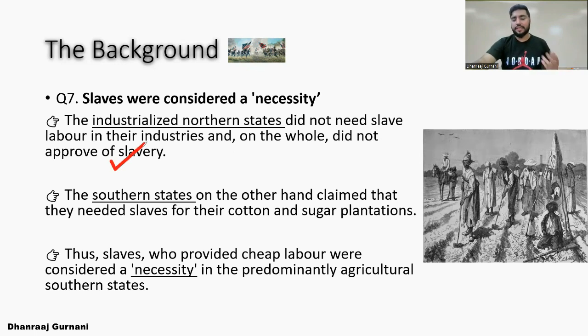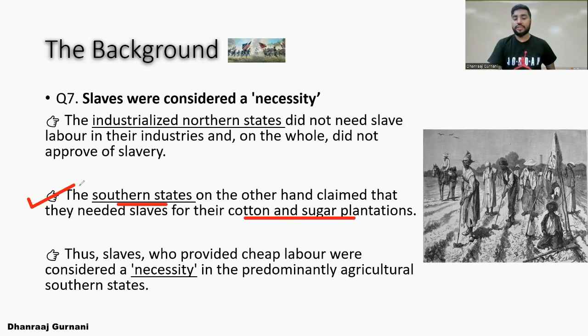So, revising this, it was there on the previous page also. The northern states, many countries, and Britain had already said no to slavery. But the southern states, on the other hand, claimed that they needed slaves for their cotton and sugar industries. So the southern states of America are saying yes to slavery. Why?